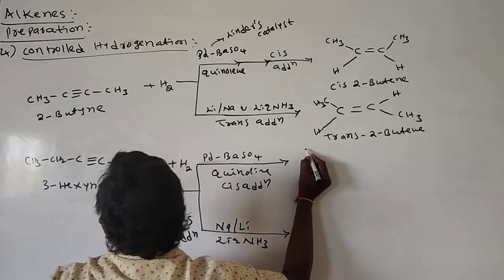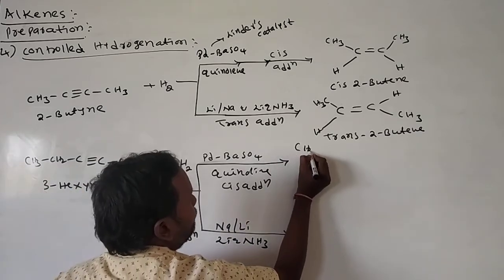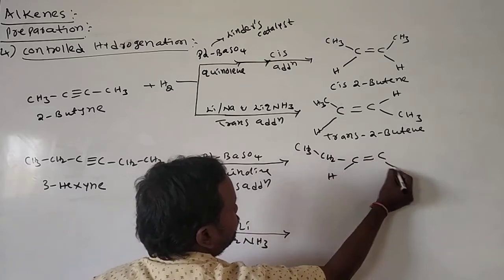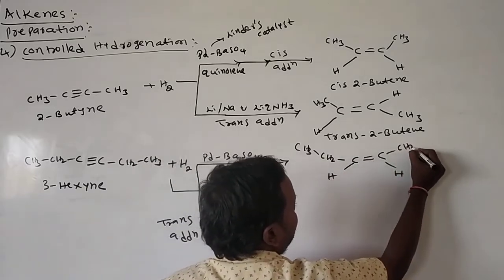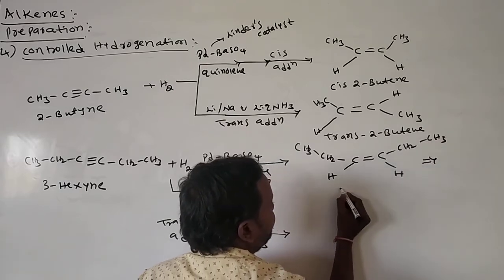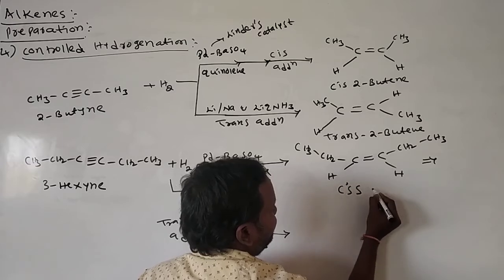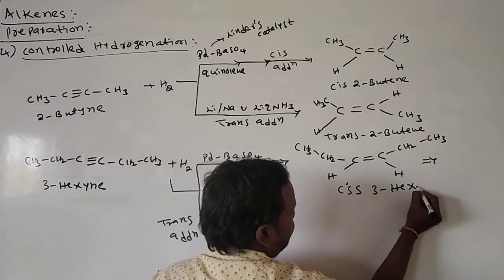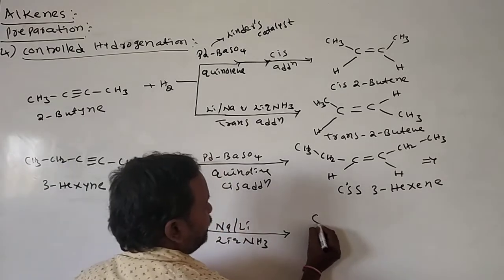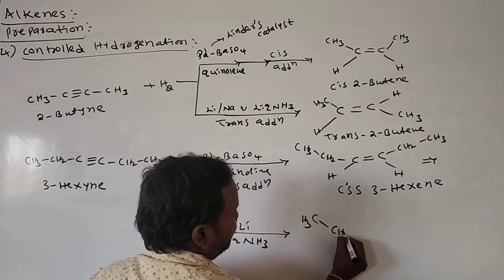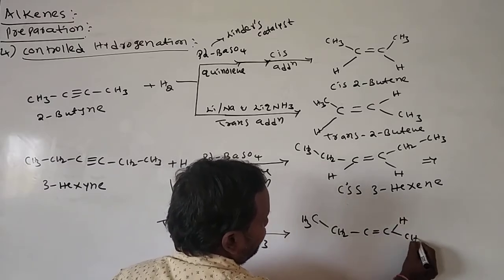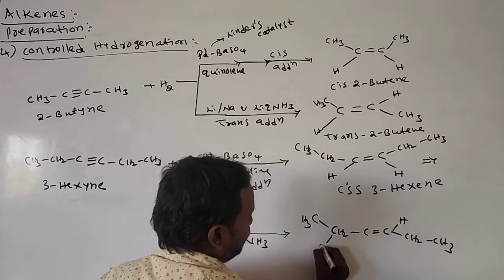CH3CH2 C double bond C, and here H, CH2CH3. This is cis-3-hexene. Cis-3-hexene was formed here, and here we get trans-3-hexene, CH3CH2 C double bond C H, CH2CH3, with H on the opposite side.